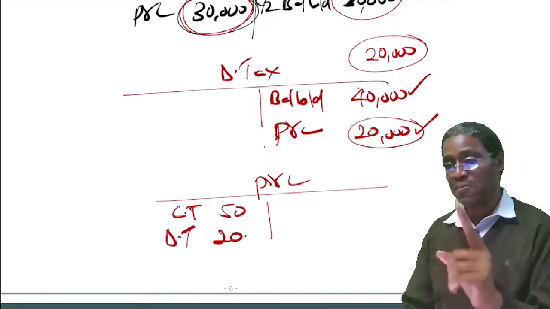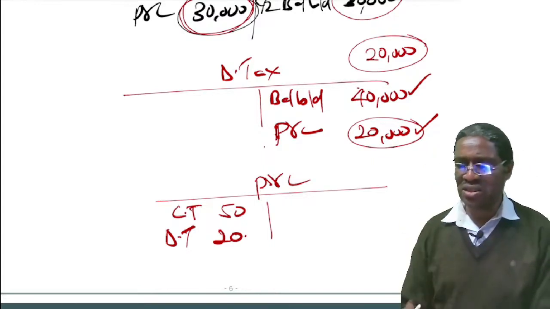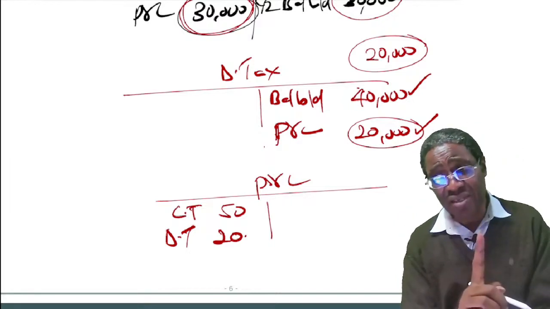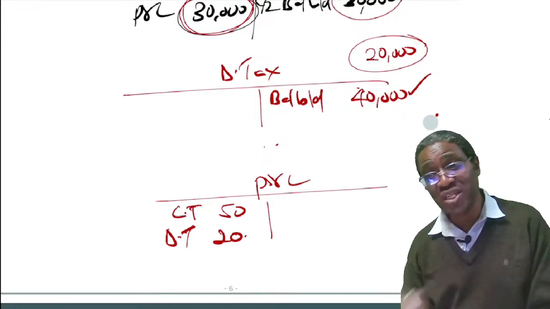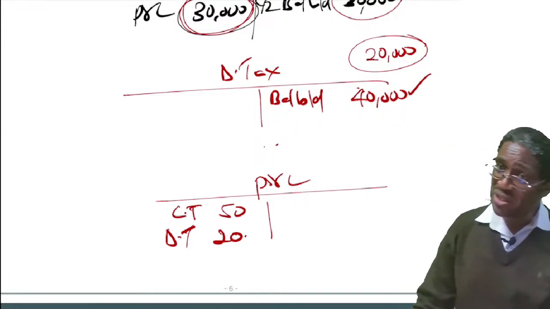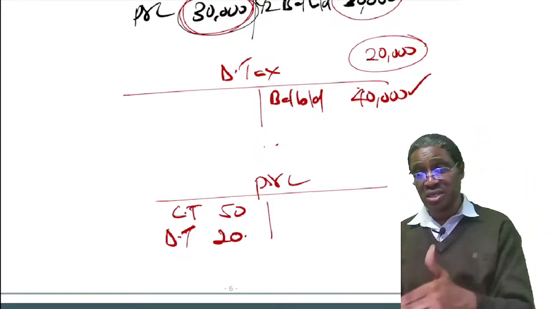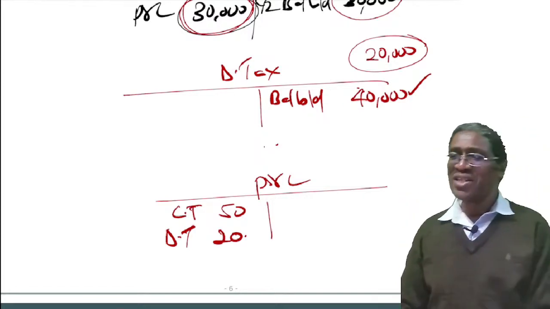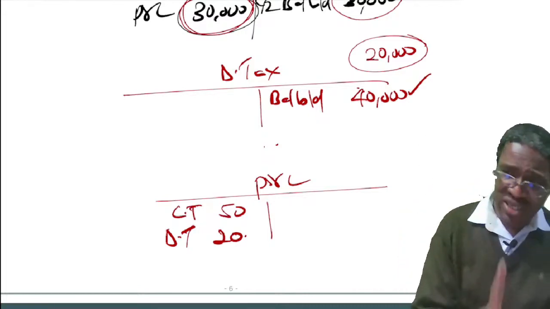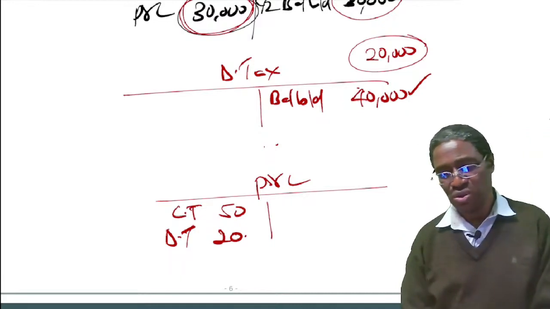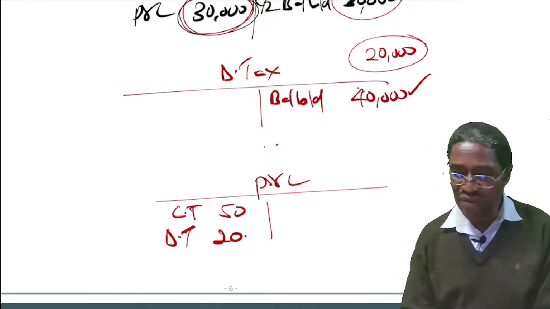If the question tells you deferred tax to be reduced by, listen to the language, deferred tax to be reduced by 20,000, you go to the trial balance, find there's a balance of 40 last year, which became the opening this year. Good. Then the question tells you deferred tax to be reduced by 20,000. So, to reduce a liability, you can't credit. To reduce a liability, you have to debit.